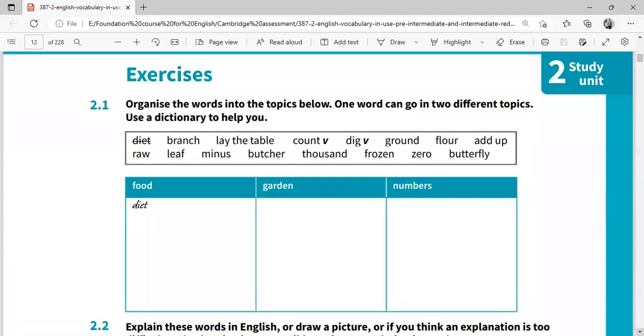Exercise 2.1. Organize the words into the topics below. One word can go in 2 different topics. Use a dictionary to help you.